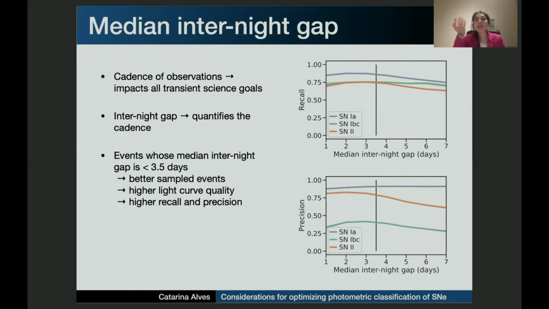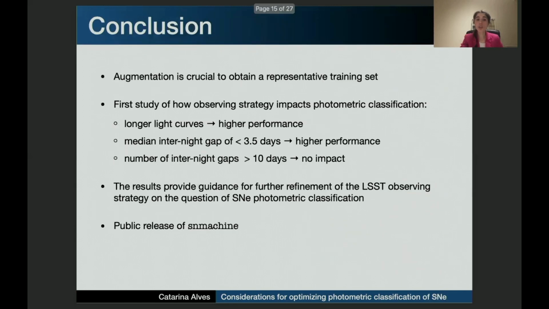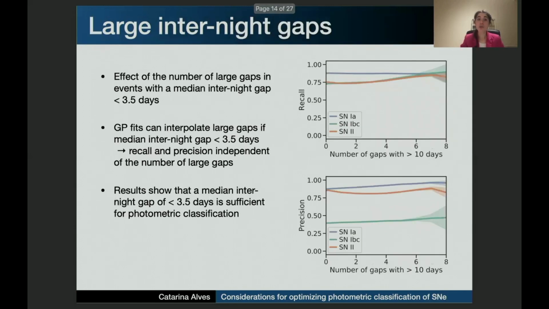But an event can have a median internight gap smaller than 3.5 days and still have a large gap. So, we also look at the effect of the number of large gaps, with more than 10 days, in events that already have a median internight gap smaller than 3.5 days.